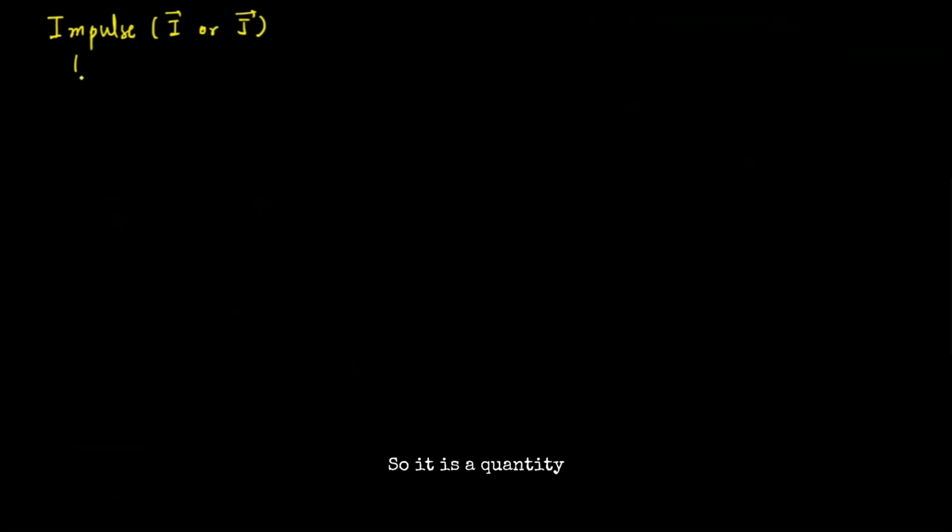So the term we actually have to discuss here is impulse. Impulse is a quantity which represents the force acting on an object for a very short period of time, which is responsible for the change in its momentum. The impulse is represented by I vector, or sometimes we use J vector also.